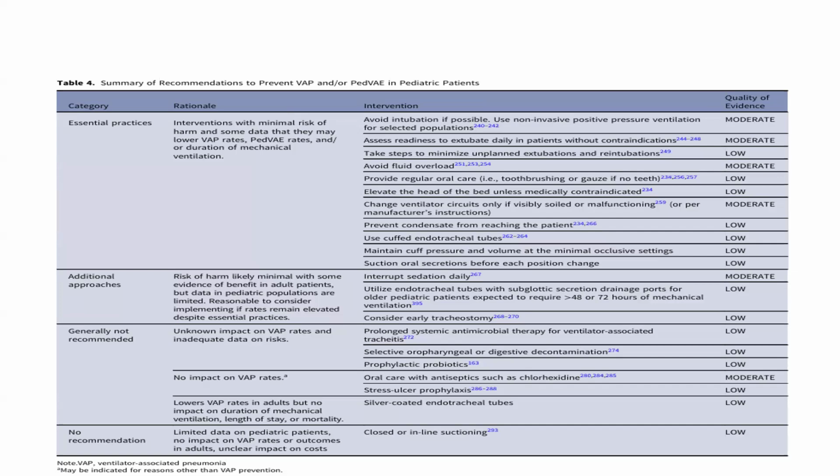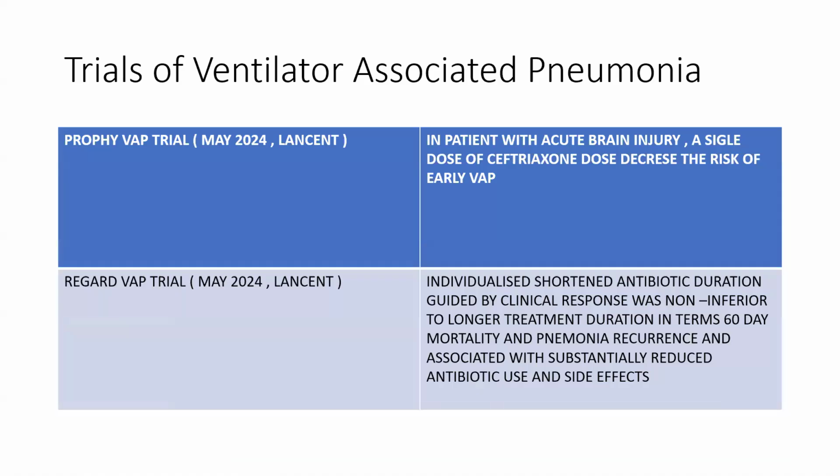And the practices which are not recommended are prolonged systemic antibiotic therapy, selective oropharyngeal and digestive decontamination, prophylactic probiotic, oral care with antiseptic like chlorhexidine, stress ulcer prophylaxis, silver coated endotracheal tube, and closed or inline suction. So these are the trials recently published in the Lancet regarding ventilator associated pneumonia.